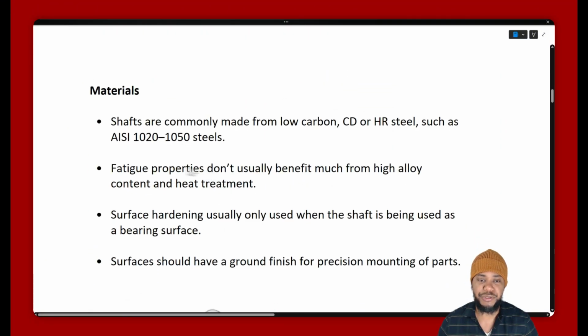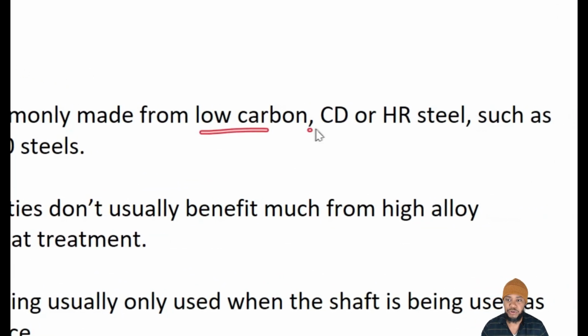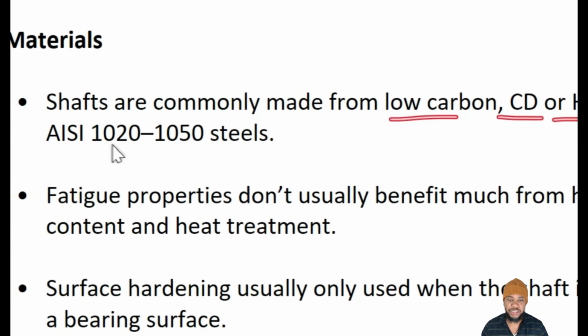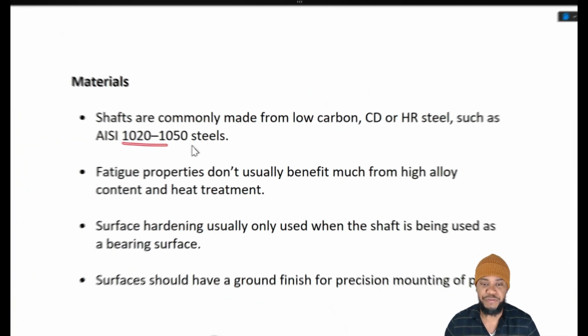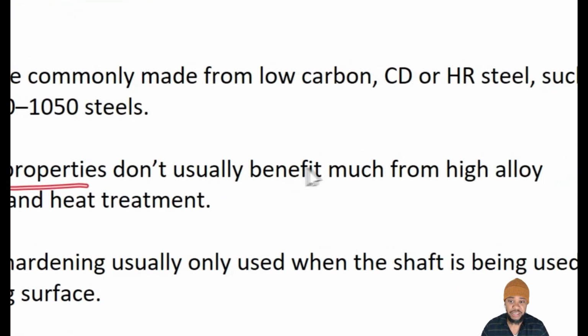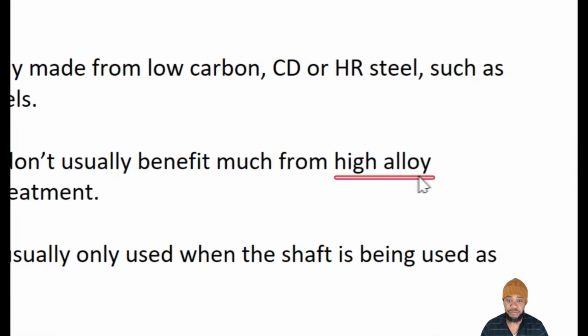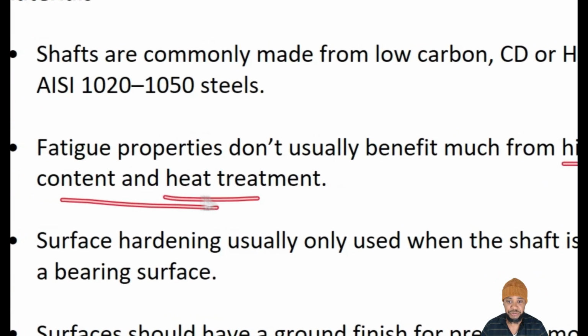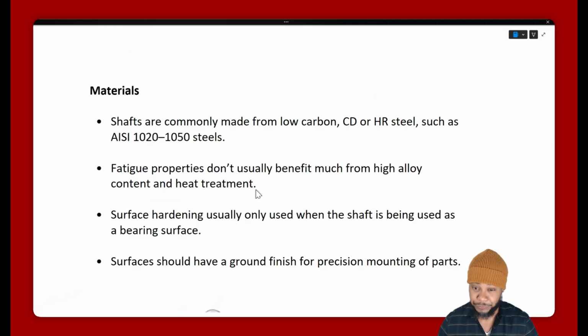Now, materials. Typically, shafts are made of low carbon, cold drawn or hot rolled steels, and 1020 to 1050 type steels. So these are not very expensive, high alloy content steels. And the fatigue properties of shafts usually don't benefit much from high alloy content or additional complex heat treatments.